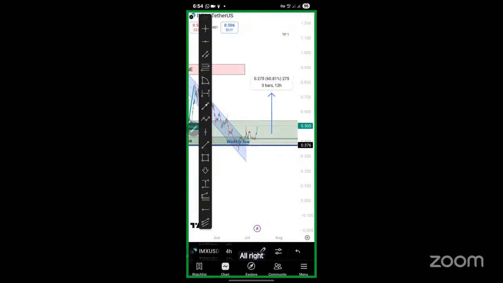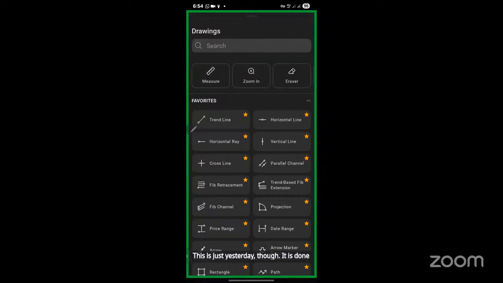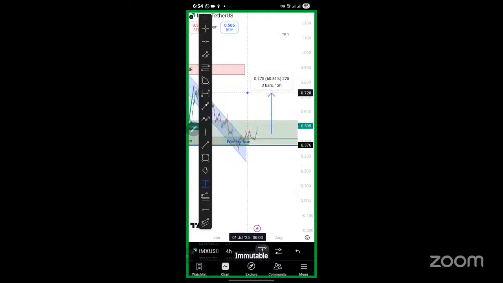Right now, it has been hunting this high. It is done. This is just a by the way. So, Immutable X, we are going for this high here. This is the high we are targeting.